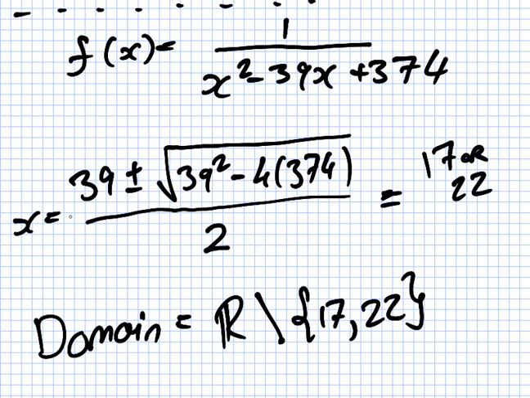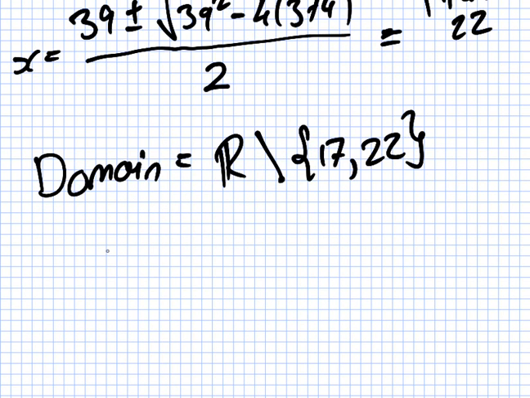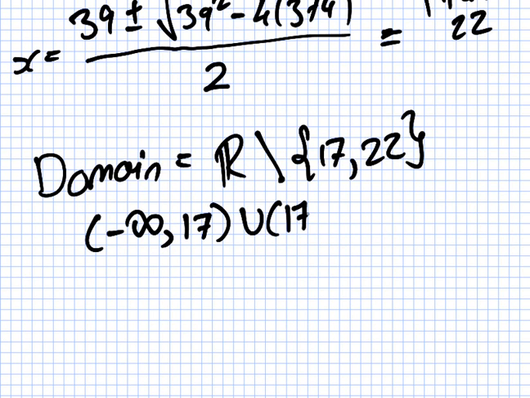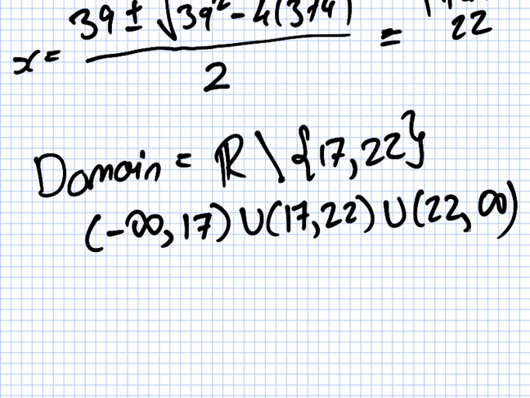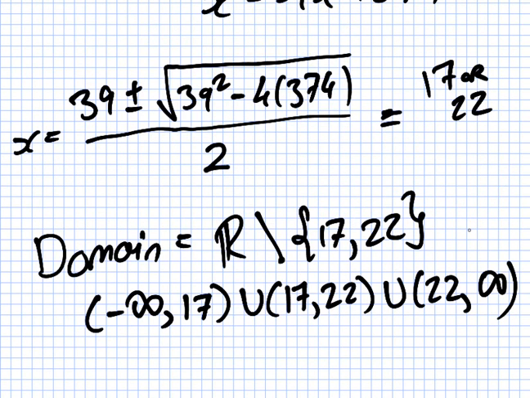Oh yeah, it's a set. So if you want to write the answer as a set, it'll be minus infinity to 17, 17 to 22, 22 to infinity as a set. All good?